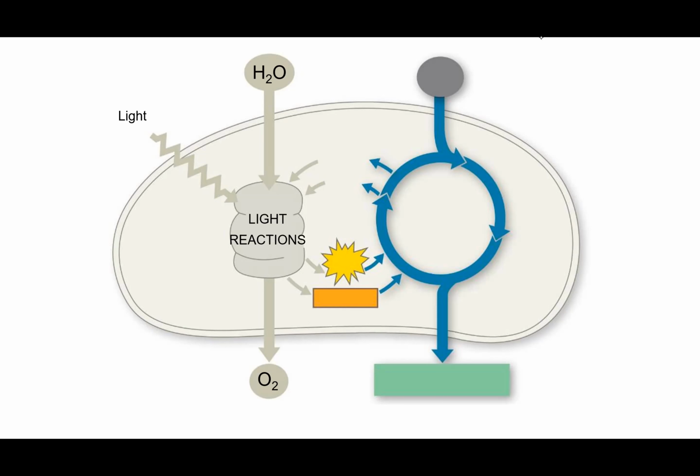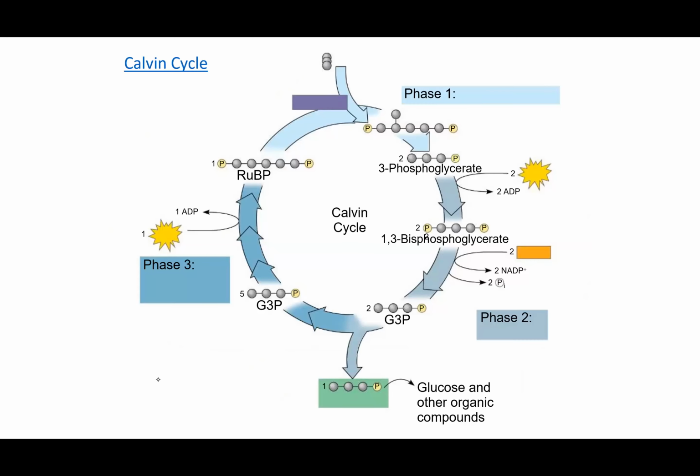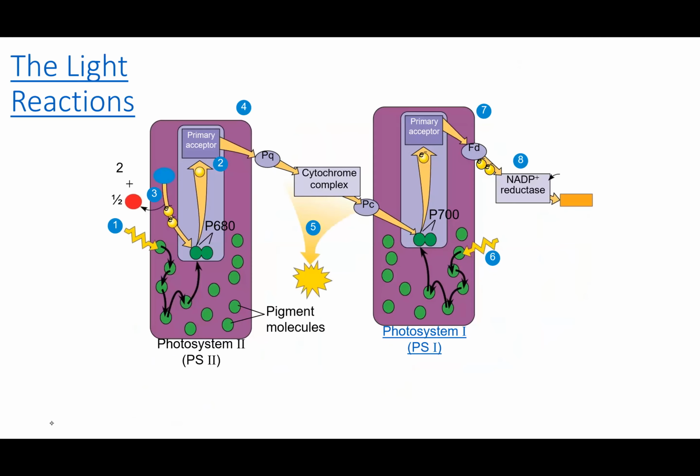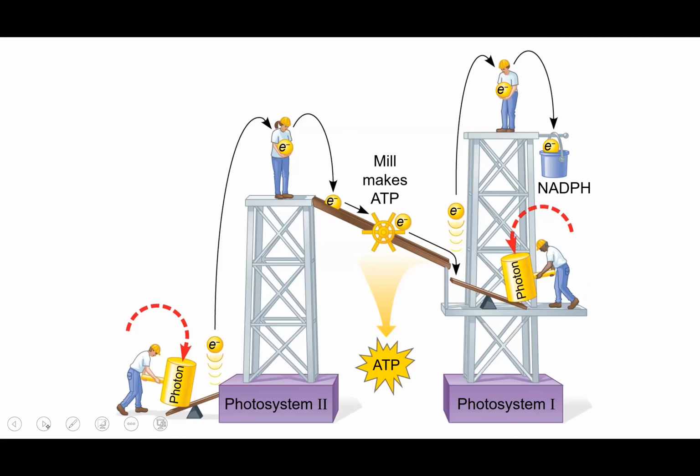And then remember this diagram? So this is our first, we add the light energy, we boost that electron energy up, and those electrons are used to make ATP. And then, in addition to that, we have another photon of light coming in.